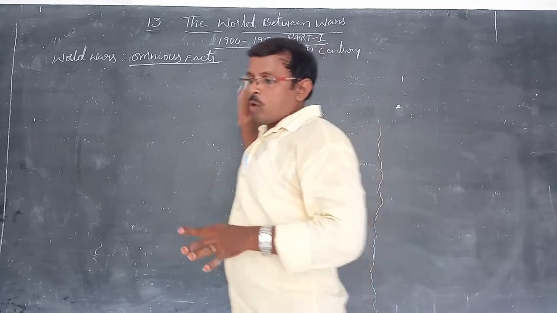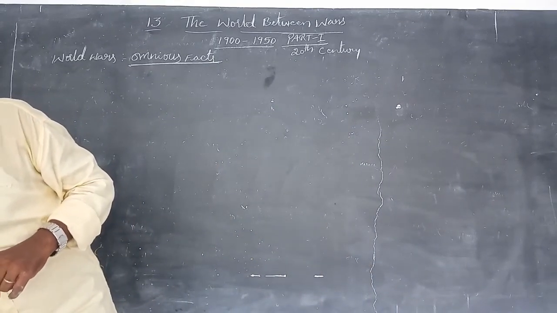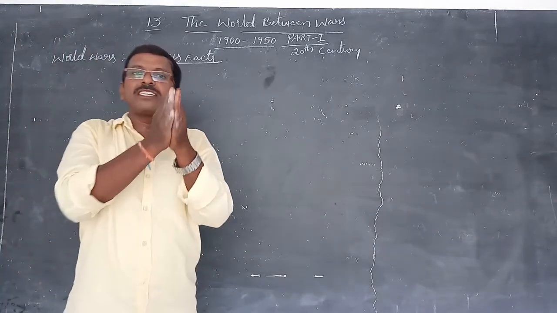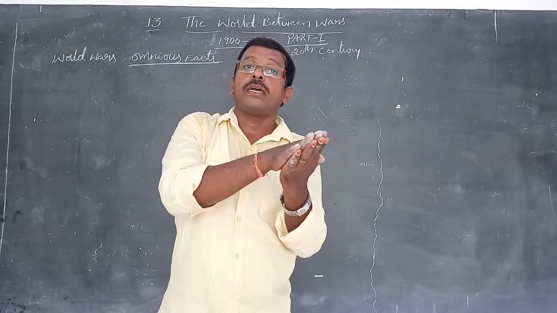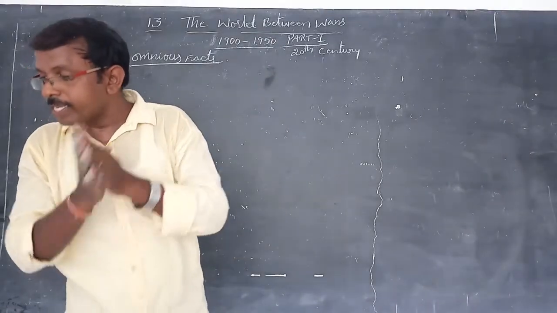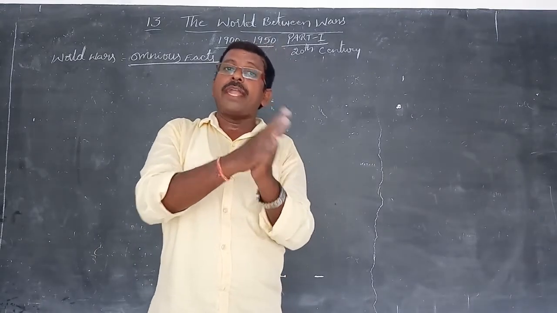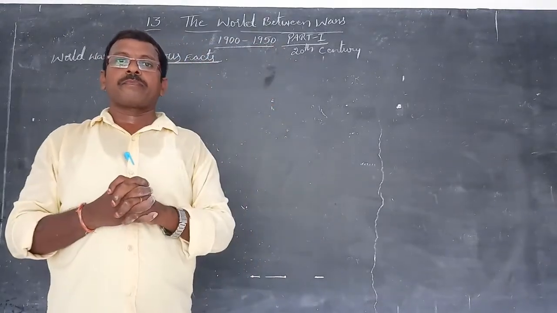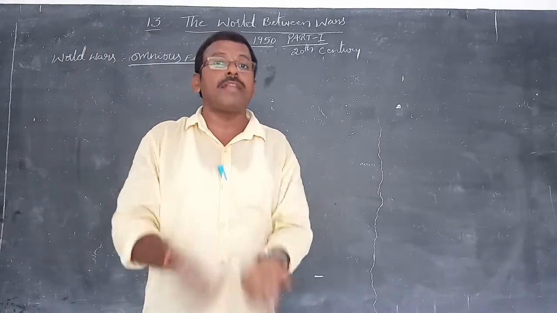So why did all these wars happen? In the beginning of the 20th century, the world was divided into industrially developed countries and backward countries. Which countries were industrially developed?